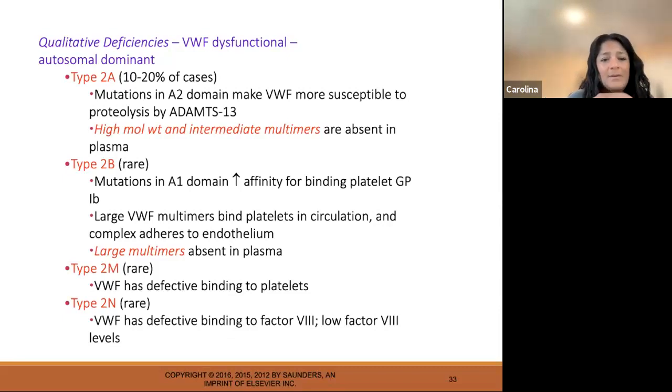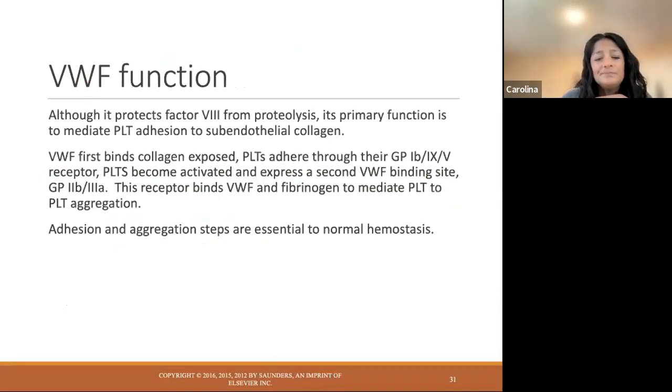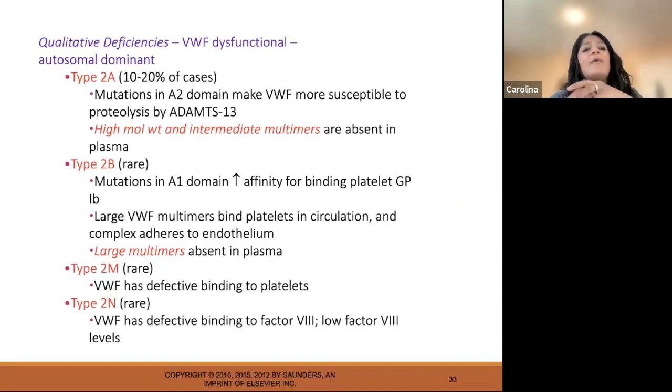So if I go back to this, you see that the A2 domain has a binding site for that proteolytic enzyme, right? So in type 2A von Willebrand's disease, it has this binding site, right? The genetic mutation makes it more susceptible to proteolysis by ADAMTS13.